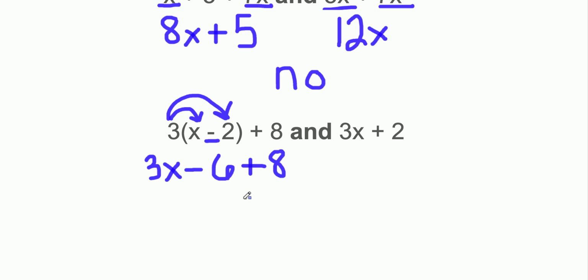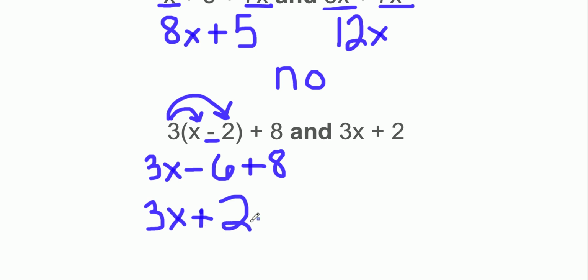Now I can simplify this one by combining like terms. I have minus 6 and I have plus 8. So I can just do 8 minus 6. My 3x stays the same. It doesn't get combined with anything. But when I take a positive 8 and a minus 6, I get plus 2, because 8 minus 6 is 2.